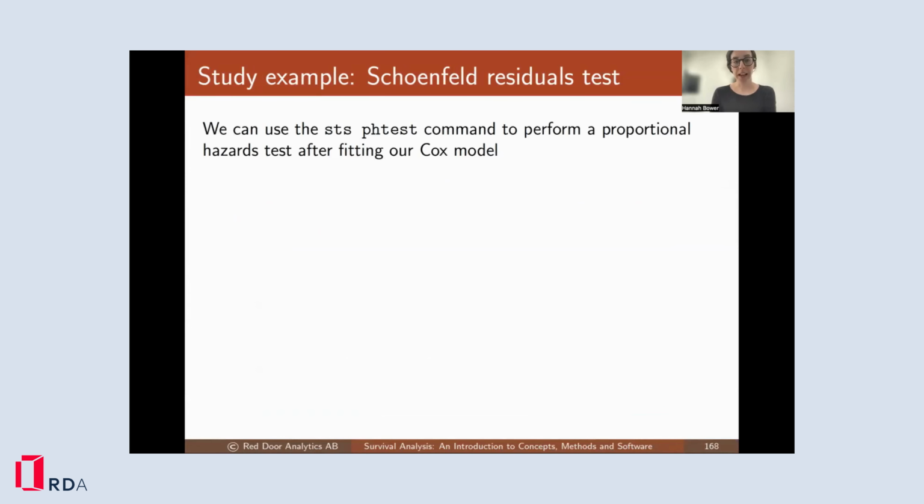Okay, so as I said, we can use the estat ph test command to perform a proportional hazards test after fitting our Cox model. What we will do first is fit our Cox model, and here we're going to use the 3 covariates that we're interested in, that is hormonal therapy, the age category at diagnosis, and grade of our cancer. And then we use the estat ph test command, and we use the detail option to get some information out about the separate variables.